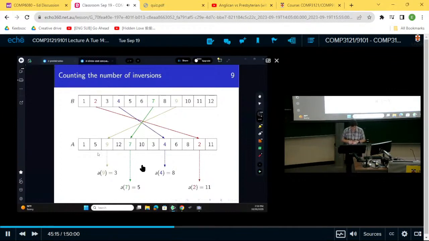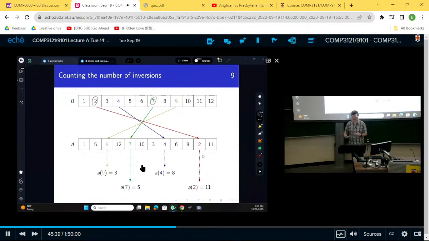For example, movies 2 and 7 form an inversion because B ranks 2 earlier than 7, but A ranks 7 earlier than 2.